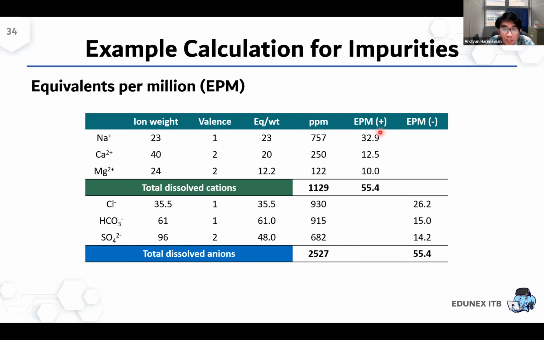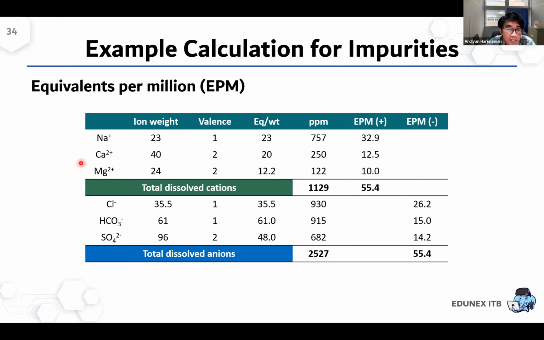You need to convert it into EPM. So for Na, the EPM will be 32. This one divided by this one gives you this one, and from the anion side, you have this calculation. From this data, you can check that the EPM from the cation side should be the same as the EPM from the anion side. Paham ya? Jadi perhitungan konsentrasi itu nggak bisa langsung dari ppm, tapi harus sebagai EPM.